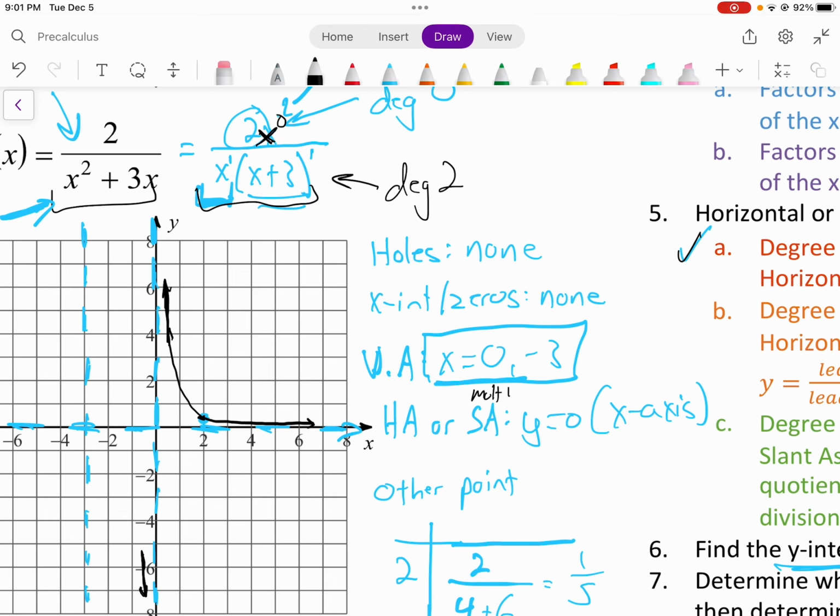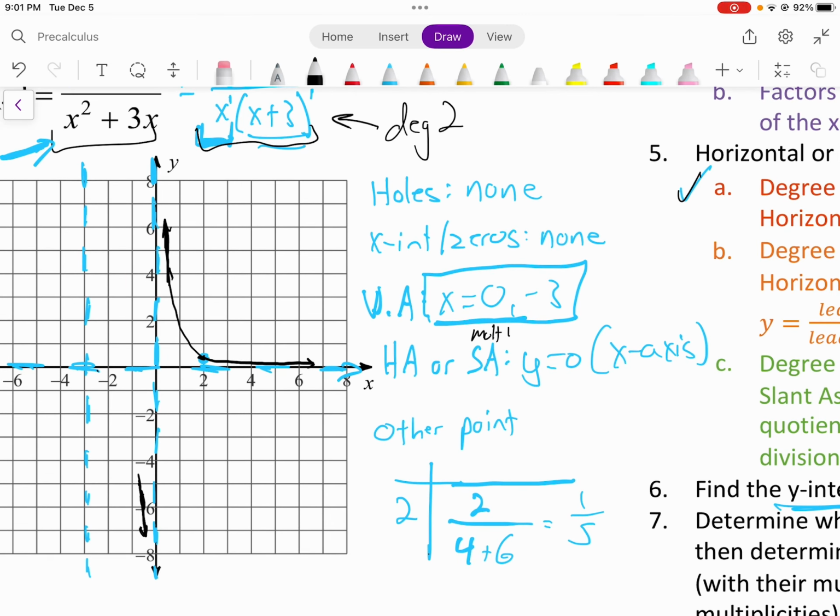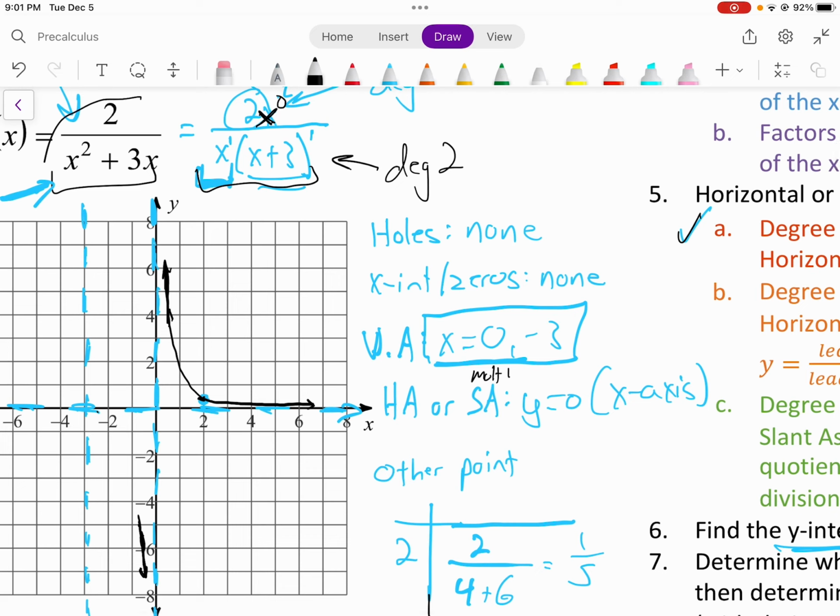All right, now we're in this middle branch. It looks like this graph is going to have to turn around somewhere and go back down because it doesn't have any x-intercepts. If we want to be a little more precise, I actually don't mind if you just graph something like this. That's okay with me, but let's be a little more precise and plug in -1, to at least give us an idea. So we'll plug -1 into our function here.